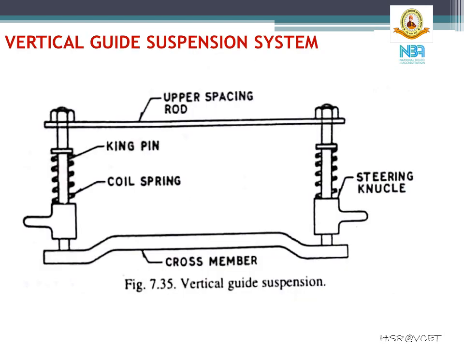The next one is vertical guide suspension system. This type of suspension system is as shown in the slide. The kingpin is attached directly to the cross member of the frame. It can slide up and down corresponding to the up and down motion of the wheel, thus compressing or elongating the spring.